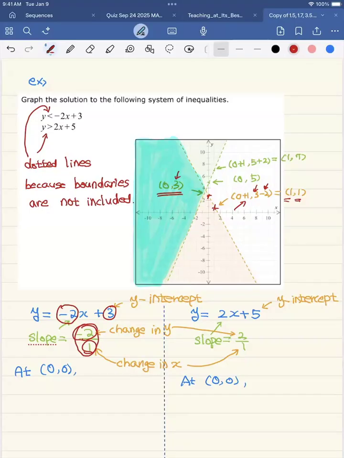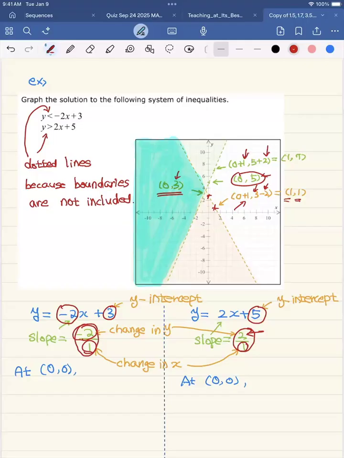In the next one, y equals 2x plus 5. 5 is the y-intercept. That is (0, 5). And the slope is 2 over 1. The y change is 2, so we add 2 to 5, and the x change is 1, so we add 1 to the x-coordinate of this y-intercept.